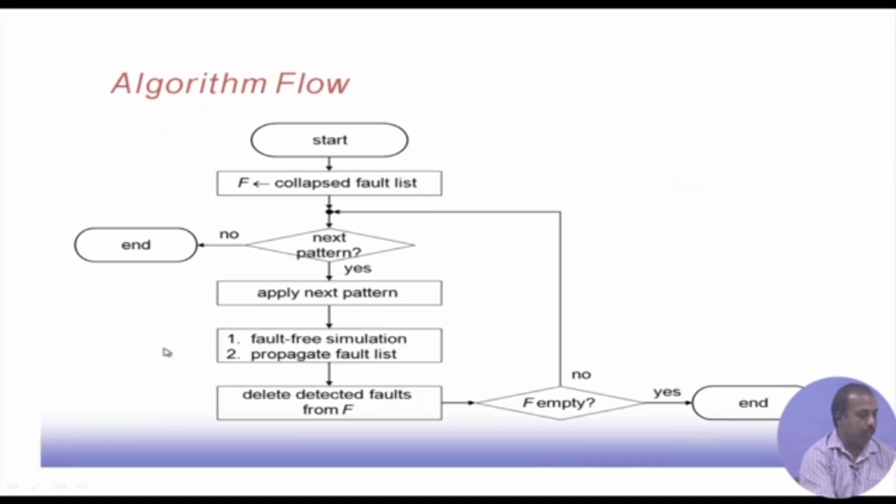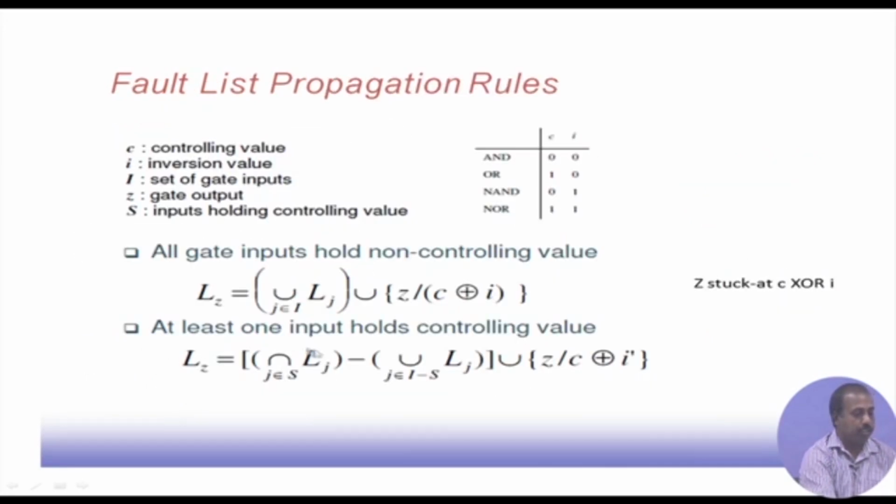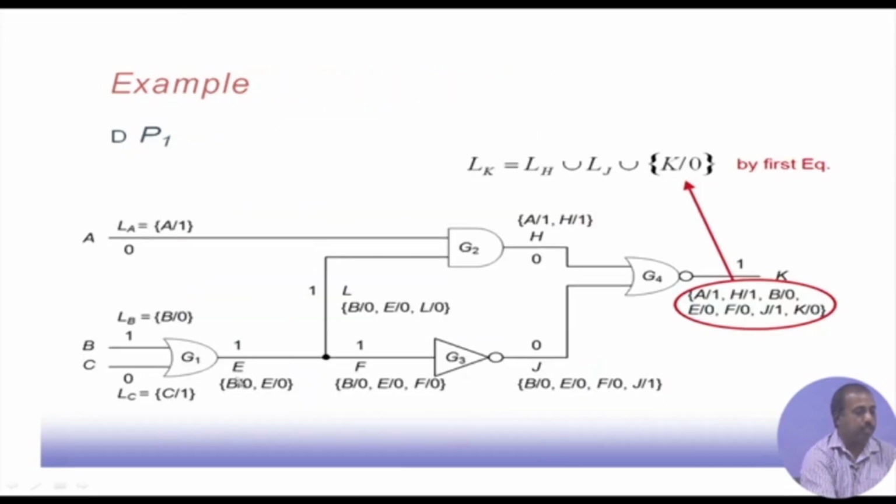If we look into this formula, it is an intersection of the controlling inputs, which is only one, so this is B stuck at 0. Then we have this minus this. There is nothing from that second part, and then E stuck at 0, because E is becoming 1 in the fault free circuit. So this becomes the fault set associated with line E.